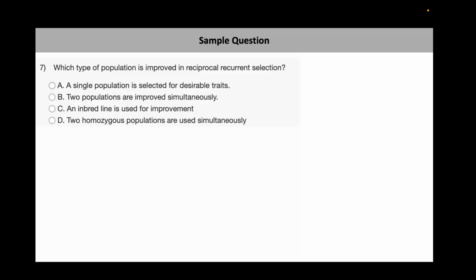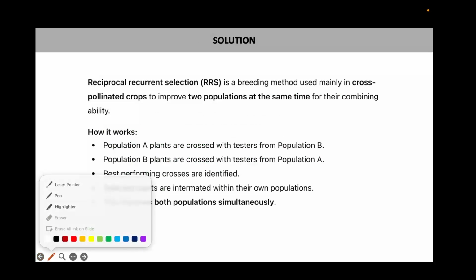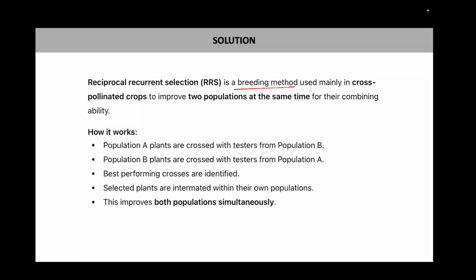Okay, so let's discuss this answer. We have discussed this earlier also that reciprocal recurrent selection is basically a breeding method that mainly uses cross-pollinated crops to improve two populations at the same time, for their combining ability.